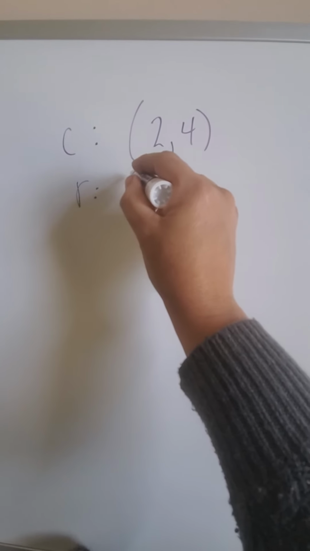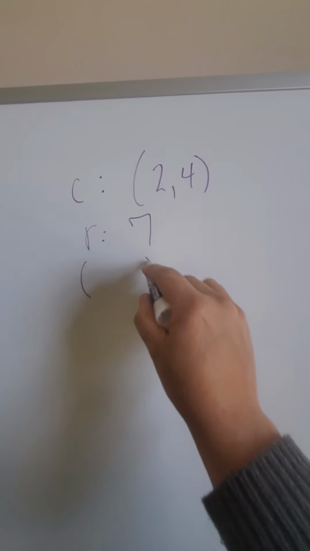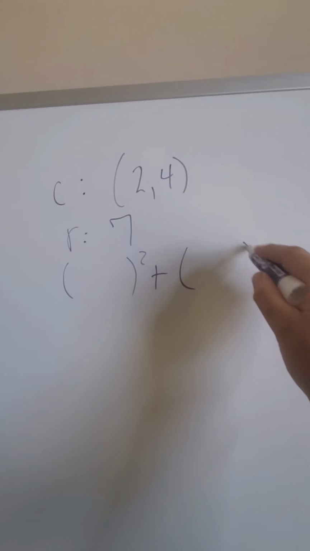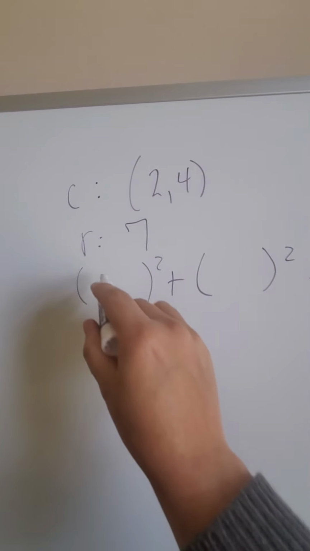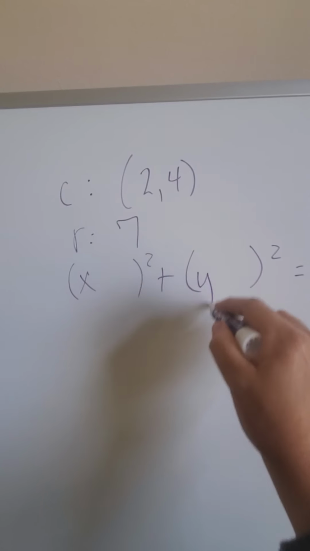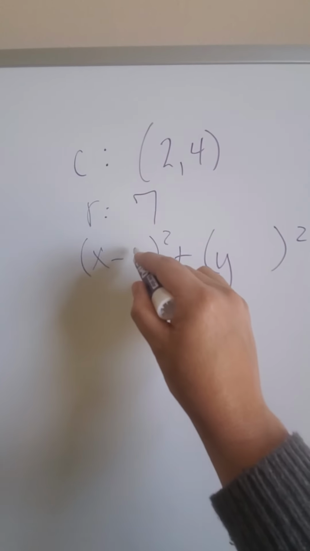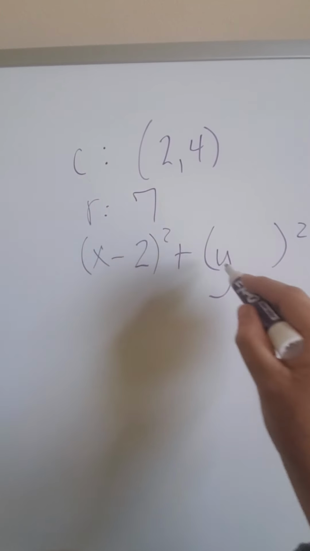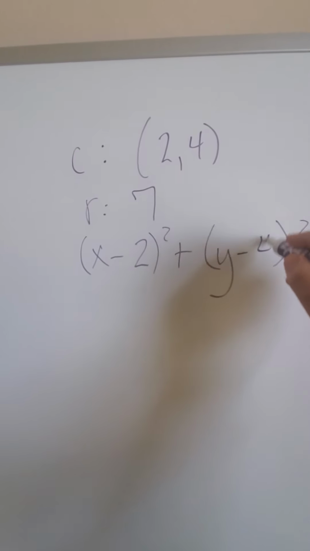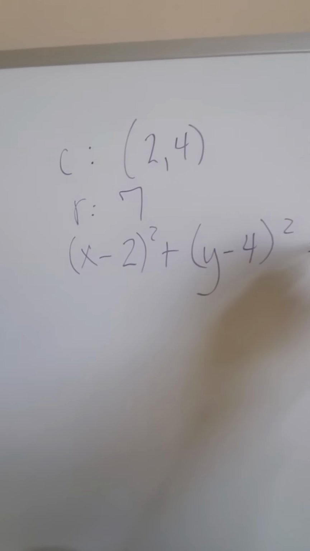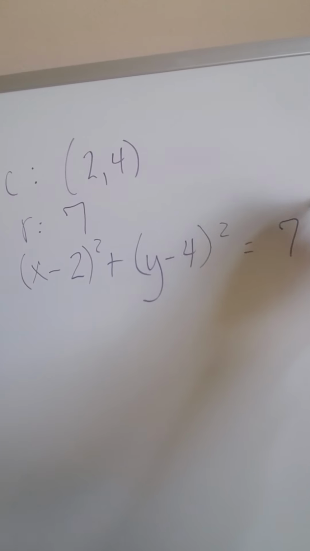and a radius of 7. Okay, so there again, I'm going to come back to my equation. And x and y, they're there. And so I'd say minus 2, because that's my x of my center. And then I'd say minus 4, because that's my y of my center. And then I would say 7 squared.